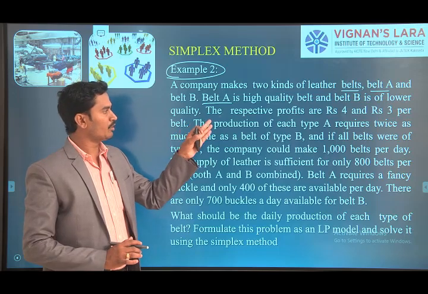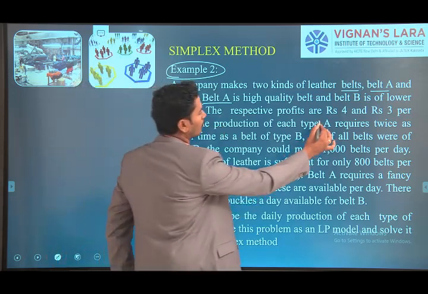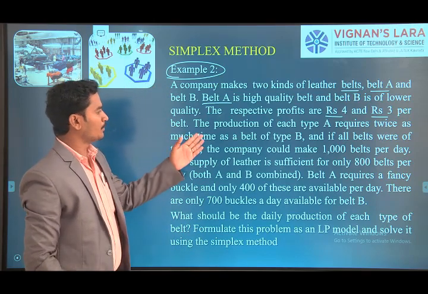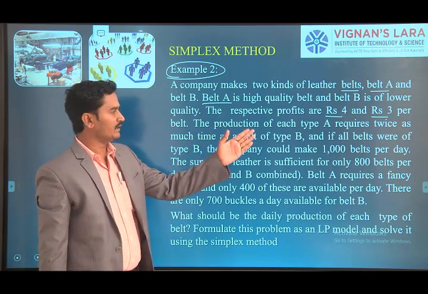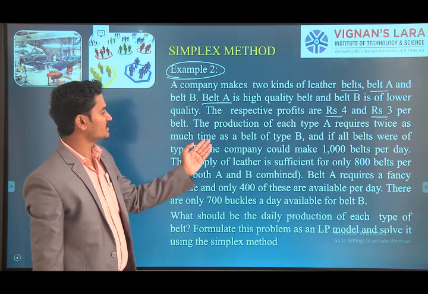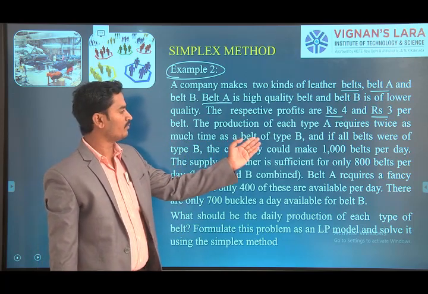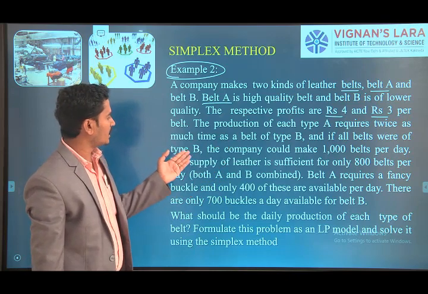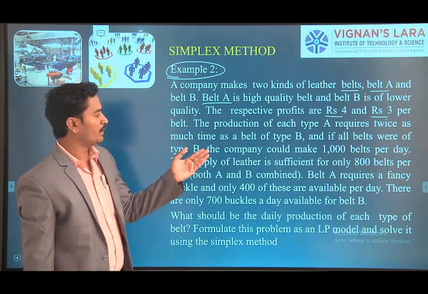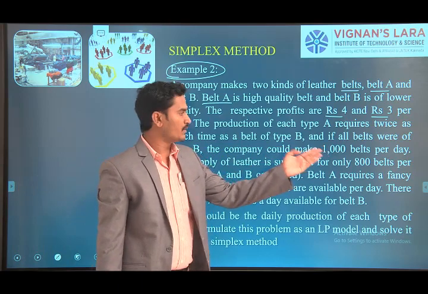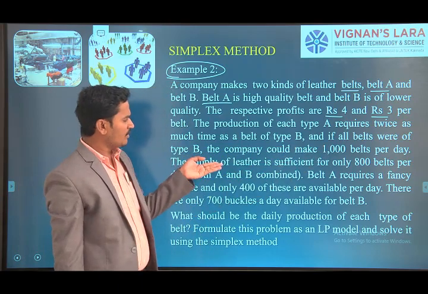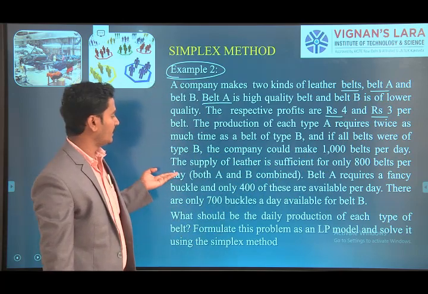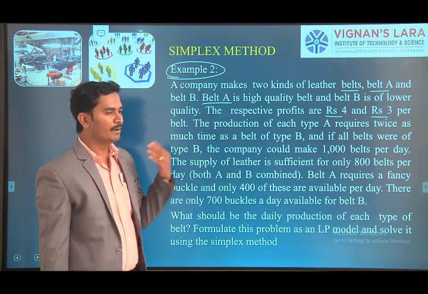The respective profits are ₹4 and ₹3 per belt, and the production of each belt of type A requires twice as much time as a belt of type B. If all belts were of type B, the company could make 1000 belts per day. The supply of leather is sufficient for only 800 belts per day, both A and B combined.